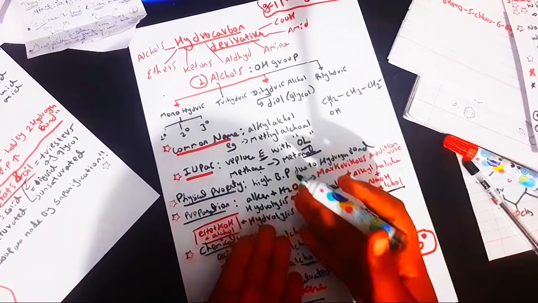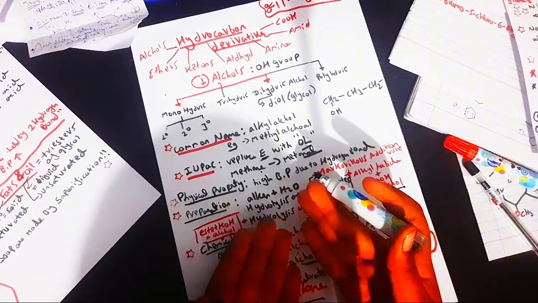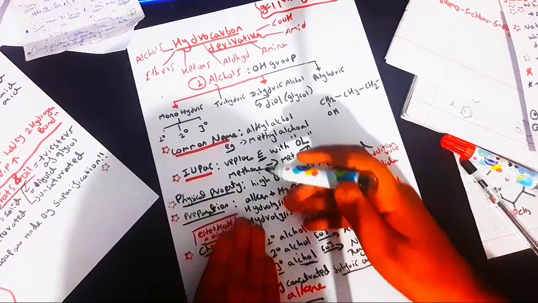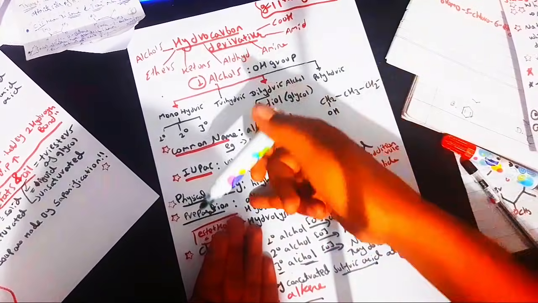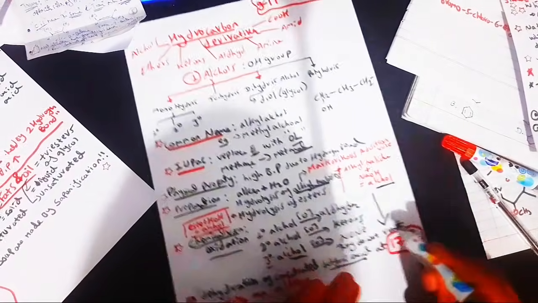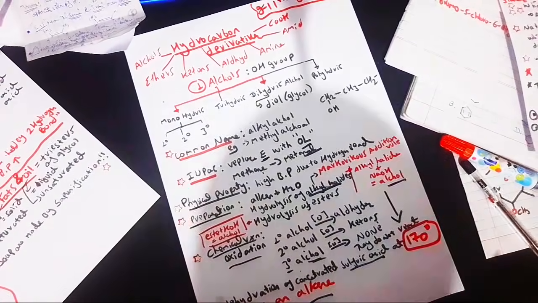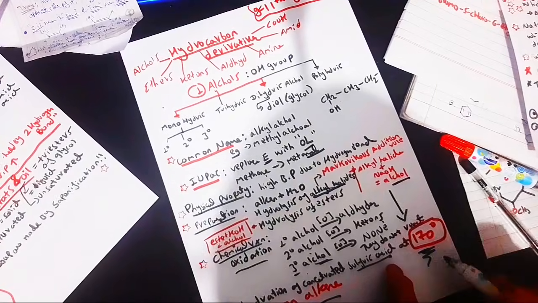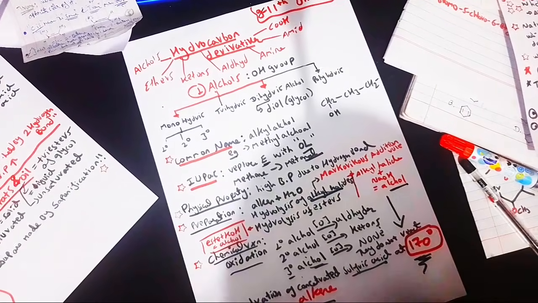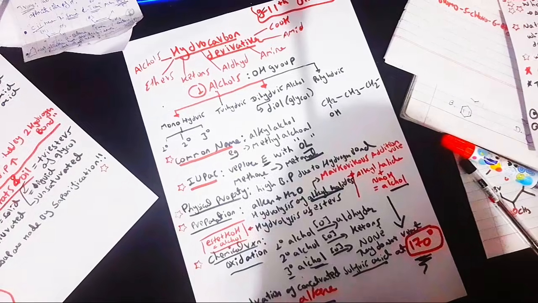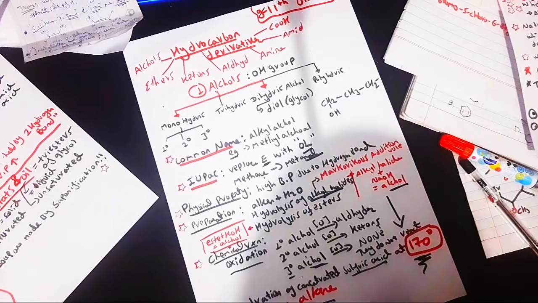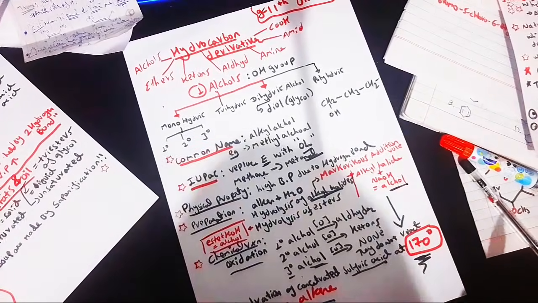What we added in the first place was water to the alkene, and we found an alcohol. If we remove the water, it goes back to the original point, which is an alkene. So at 170 degrees Celsius we're going to get an alkene. We state this temperature because there are going to be varying results.